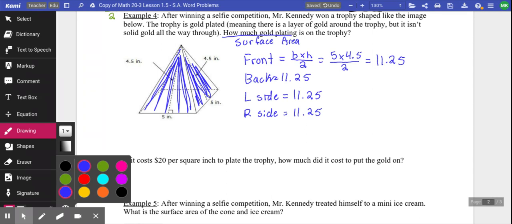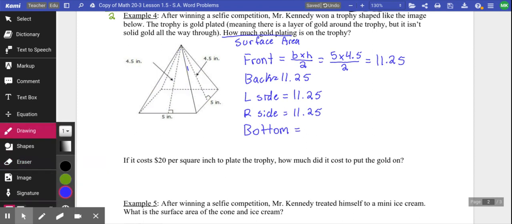The last side that you have to cover is the bottom. That means they would have plated the bottom. If you're looking at the bottom, it is this square under here, which would be 5 times 5 is 25. Your last step, just like we've done with everything else, is to total it all up.